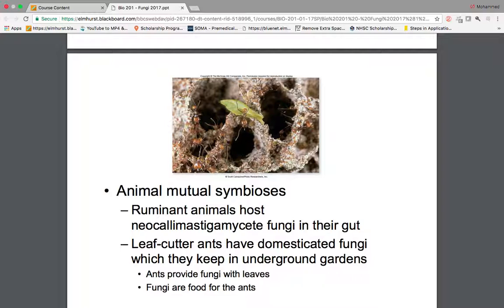There are some really cool animal symbioses. Has anybody ever seen leafcutter ants? Anybody ever been to the tropics? Leafcutter ants are really common in the tropics, and what you'll usually see is a little pathway that is actually beaten down, and a line of ants with each ant carrying a little leaf on its shoulder.